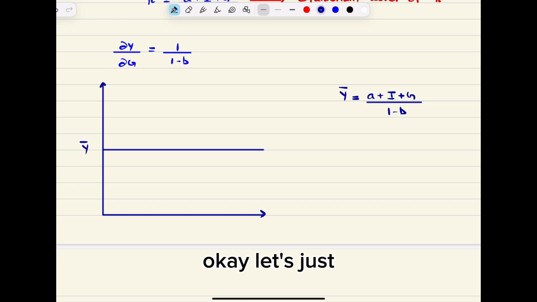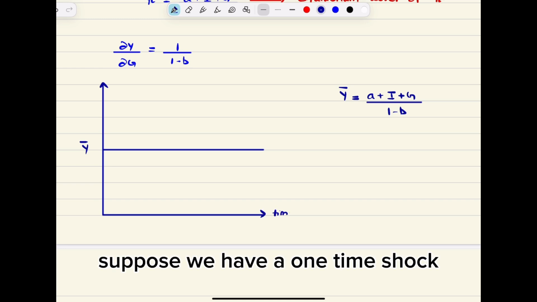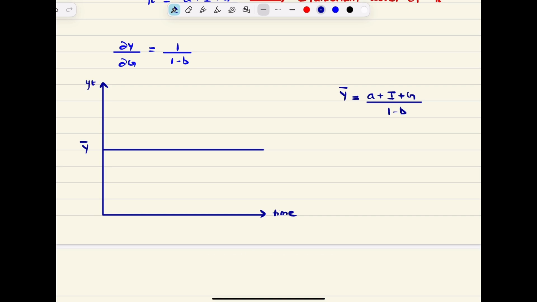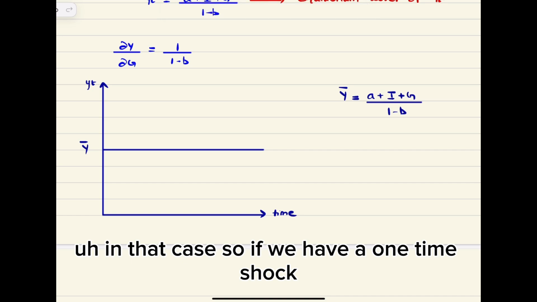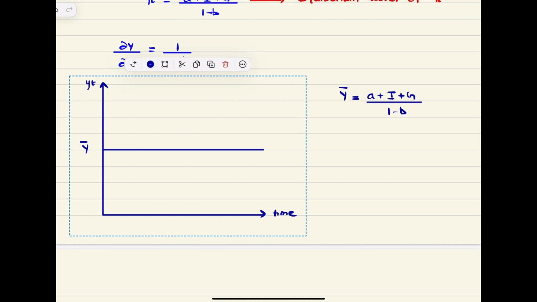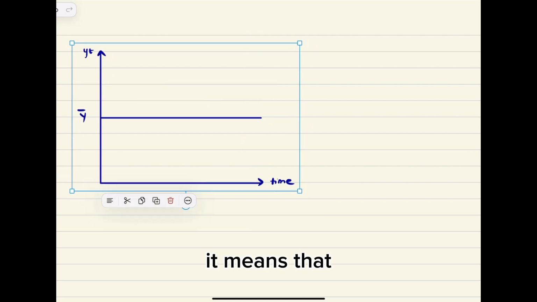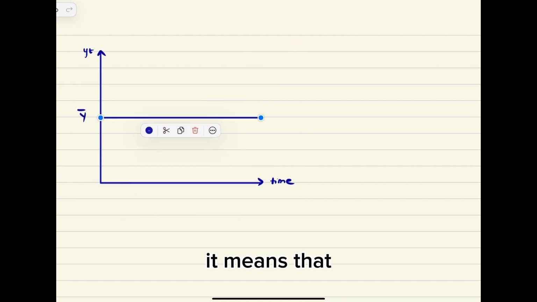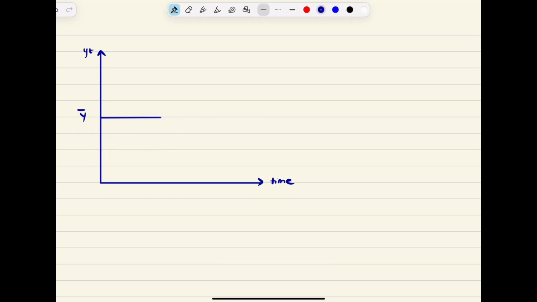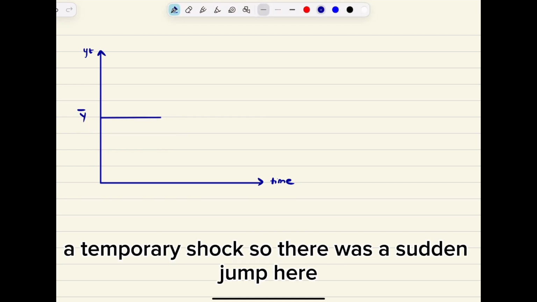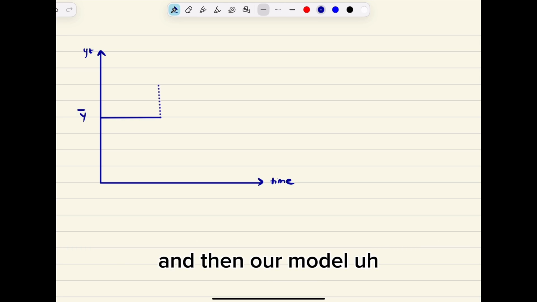Okay, let's just suppose we have a one-time shock. What happens in that case? It means we had a temporary shock, so there was a sudden jump here, and then our model came back to the original.